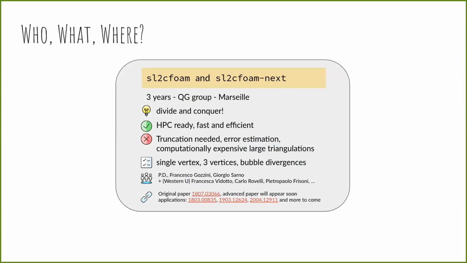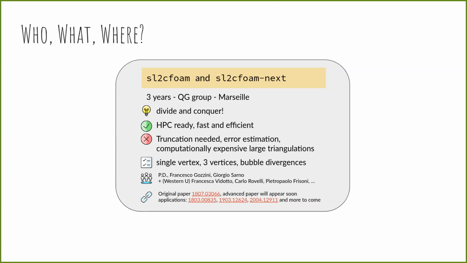So let's start with the review of who, what, and where people are doing numerics in loop quantum gravity. First of all, I want to review the work that I'm involved in, concerning the sl2cfoam and sl2cfoam-next libraries.